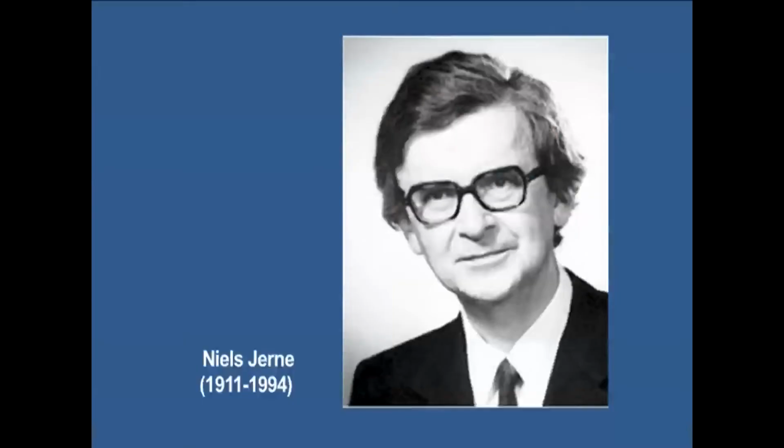Now this person, Niels Jerne, in the year 1974, proposed a unique theory which he called immune network hypothesis. That is, whenever there is an antigen, they will actually have a unique networking or a bigger platform in which ultimately more antibodies will be activated.